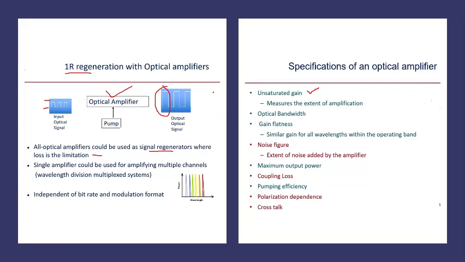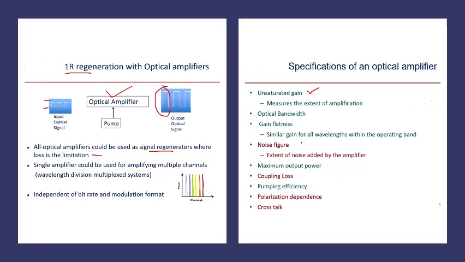If we take any C band amplifier, its optical bandwidth is from 1530 to 1560, the entire C band. And the third one is gain flatness. The optical amplifier has relatively good gain flatness. But in a forward slide we will discuss how we achieve perfect gain flatness, meaning the same gain for all channels.